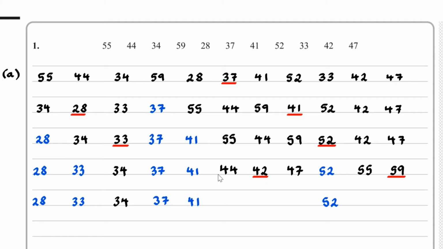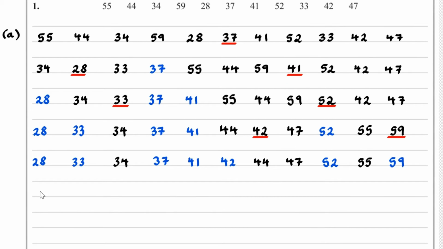Now 44 and 47 are both bigger than 42, so 42 would go here, and then we would have the 44 and the 47, and then 55 is smaller than 59, so 55 goes here, and 59 is our pivot.